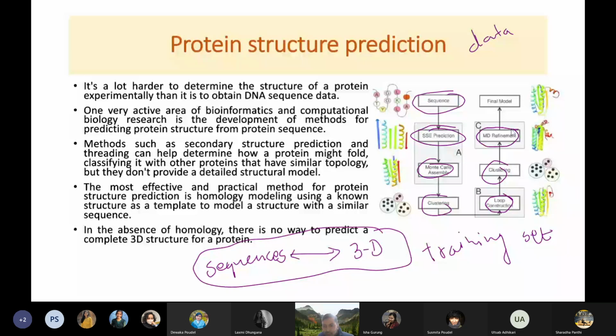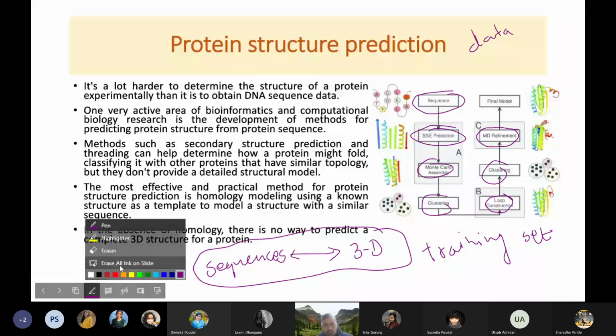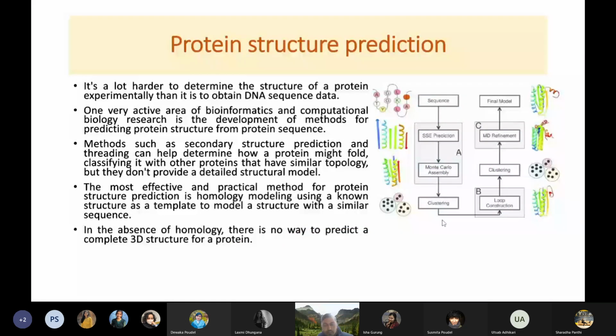Because what you have to understand is that the protein molecules are not stationary. Actually, these protein molecules are in a dynamic state. They move around. There is lots of movement of these molecules, and we have to do certain molecular dynamics refinement as well, and then you come up with the final model.